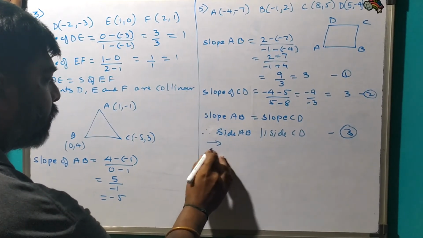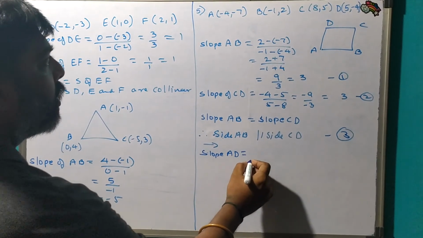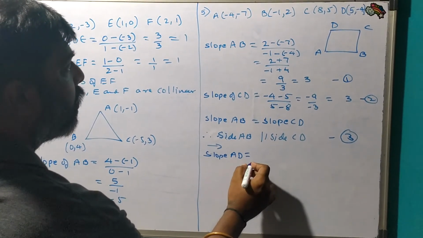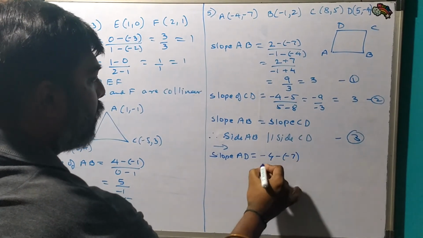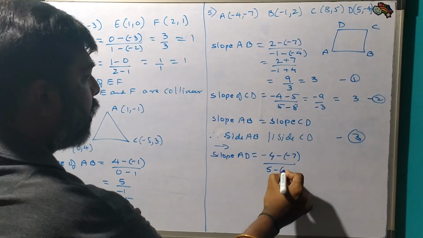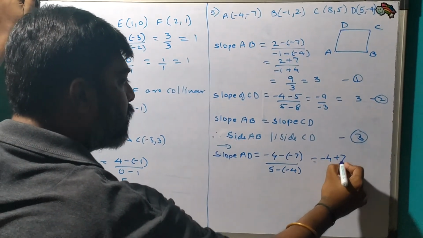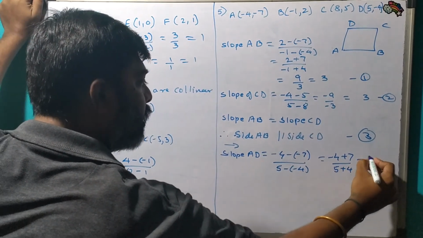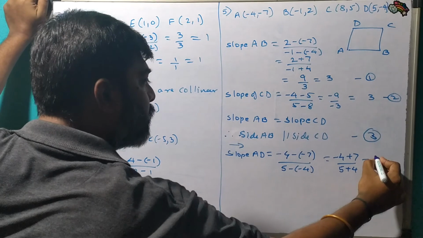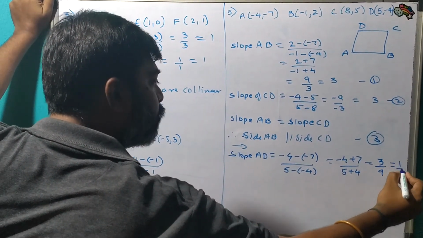Slope AD. Let's say slope AD will be minus 4 minus 7 upon 5 minus 4, which is equal to minus 4 plus 7 upon 5 plus 4. That is, I will get this as 3 upon 9, that is 1 by 3.